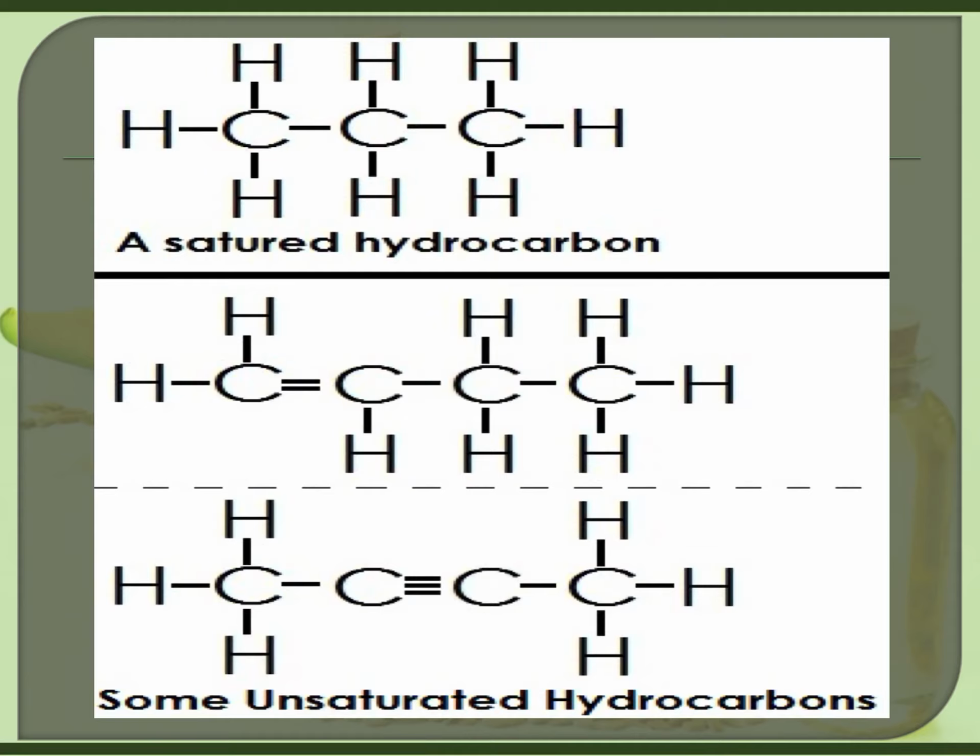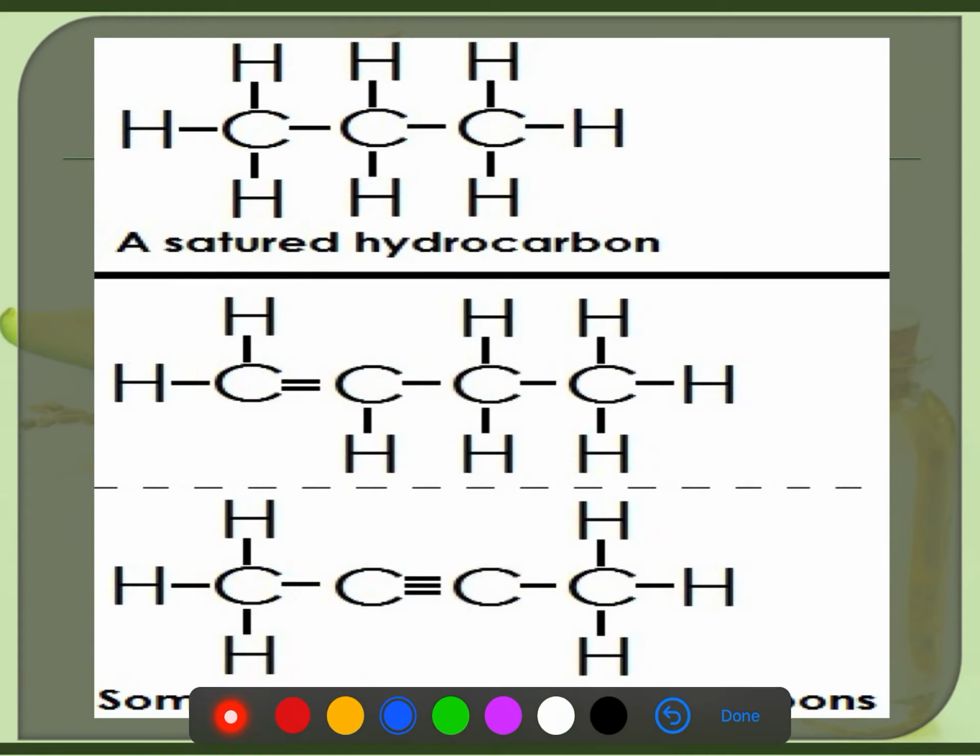So here's some examples. The first one, all single bonds. That would be propane. These things tend to be good fuels, but they're not very good at being what's called builder molecules. In other words, there is no place here for there to be a good chemical reaction. Whereas with the second and third example, what we have is a double bond, and that's very vulnerable to a chemical attack.